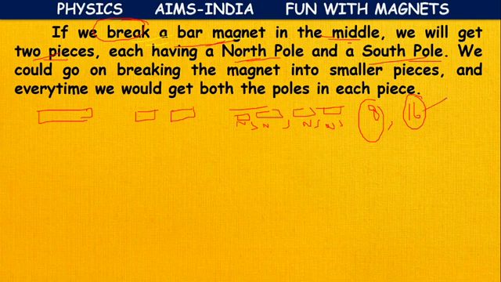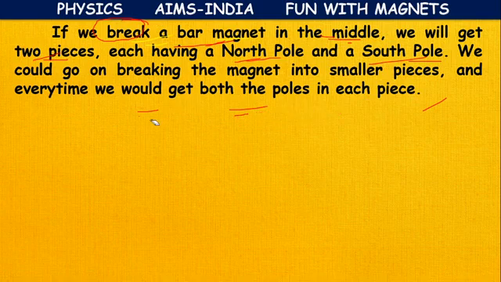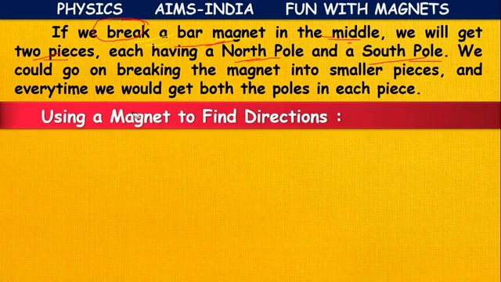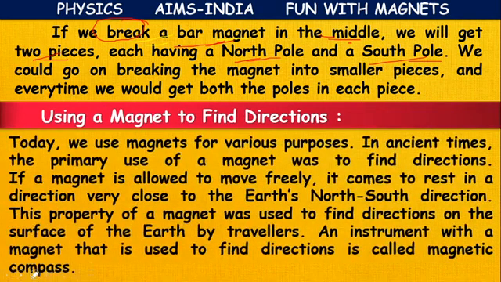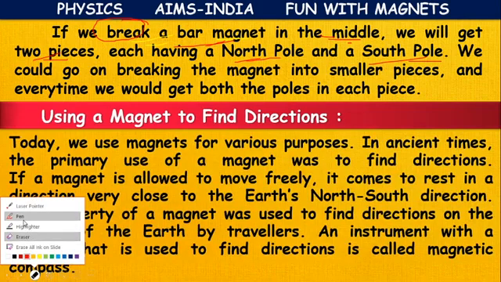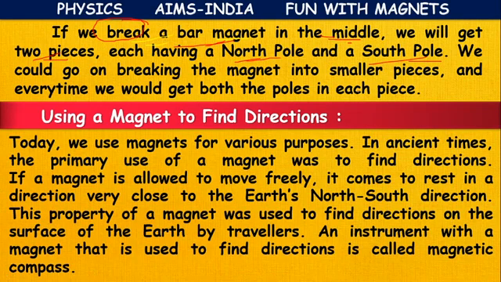So that's why, as we have already told, a magnet will never exist with a single pole. A unipole does not exist. So all the small pieces of magnets can also be used to find directions.